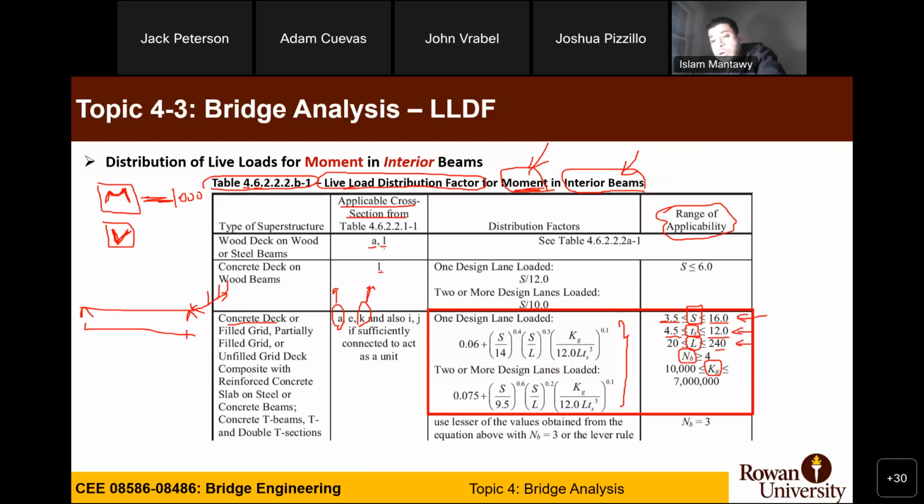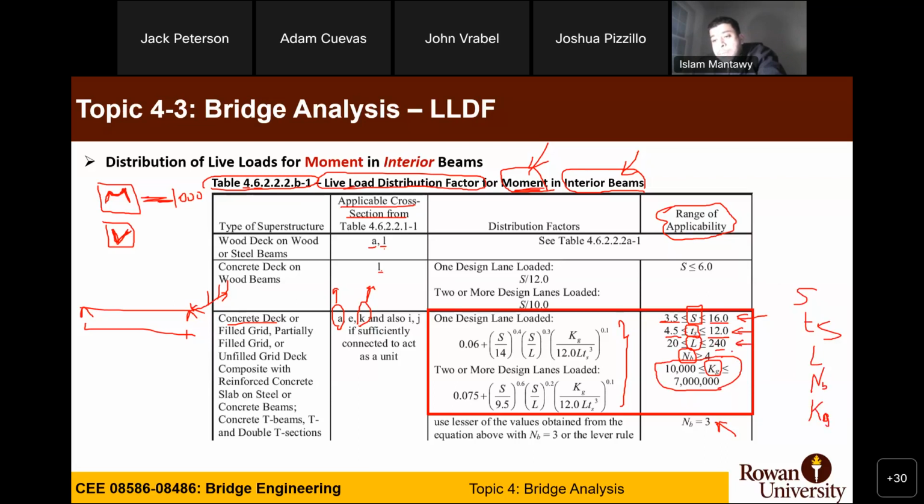If you have 4 girders or more, you can use it. If less, you have to use 3 girders. 2 girders are not allowed. Kg ranges between 10,000 and 7 million. After you sketch your cross section, you need to come up with the S, ts, L, Nb, and Kg values, and check them against the table.